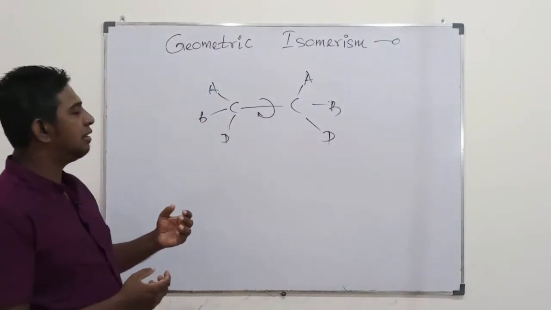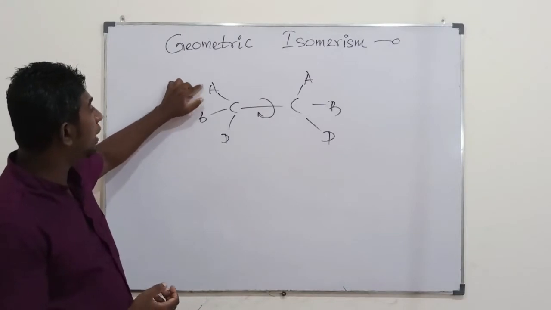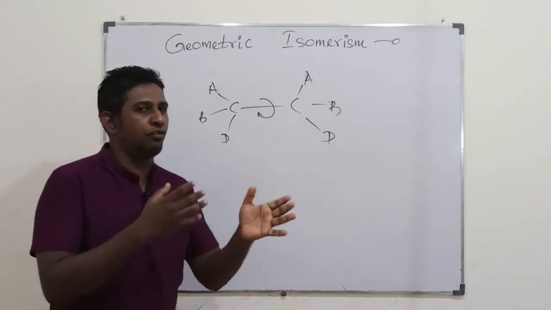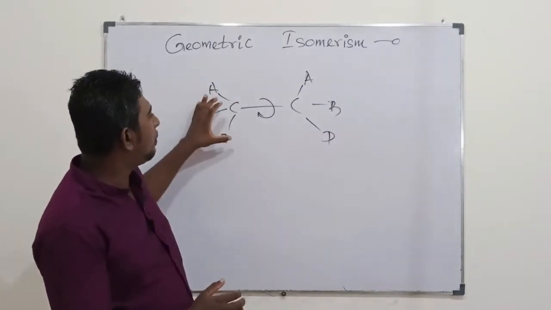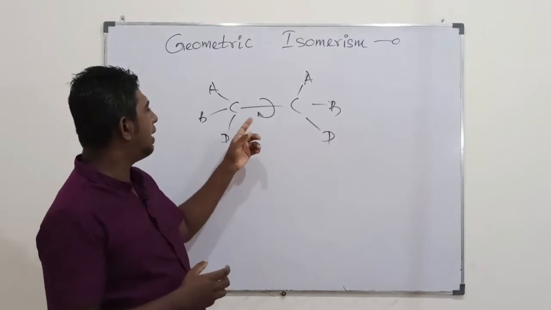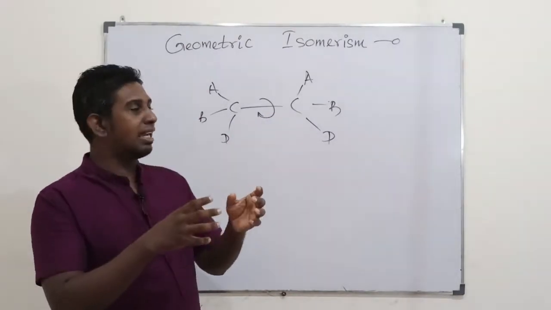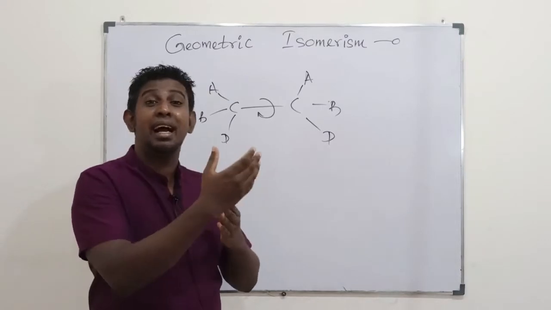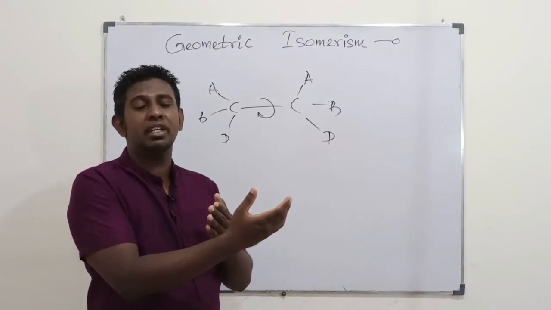If I start changing the place of B to A, saying that it's a different compound, once I do this, the same compound could rotate and at the next time reach that other position I had thought of as a different compound.